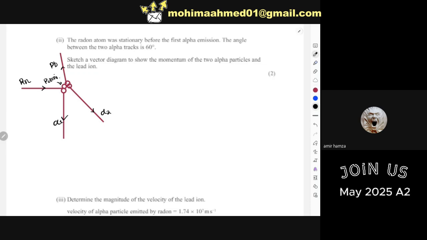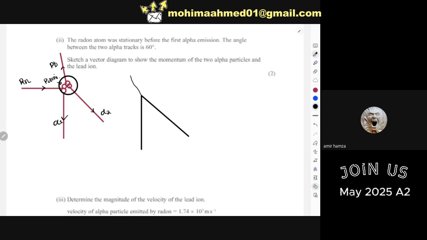Now, if you want to draw these things onto a vector diagram, how will you draw them? Let's not draw this entire thing. Let's just draw a very simple free body force diagram. All of these things occur at one time: the breakdown of radon to produce polonium and alpha 1, and then the breakdown of polonium into alpha 2 and lead. I can draw all of these in one line without showing all the particles.